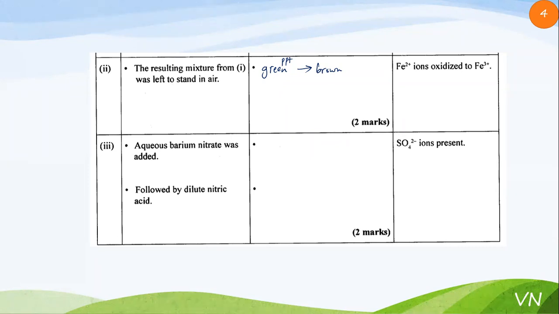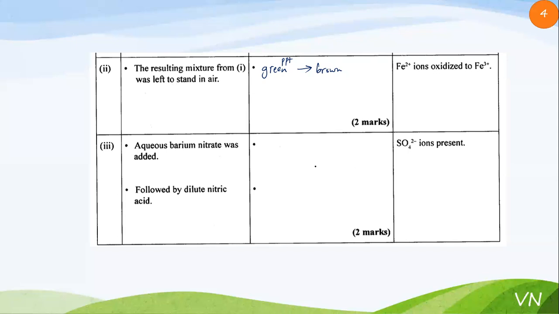The third test, aqueous barium nitrate was added. And then we follow it by adding dilute nitric acid. The inference for this test is that we can conclude that sulfate ions are present. So when we add barium nitrate, what will be the observation?